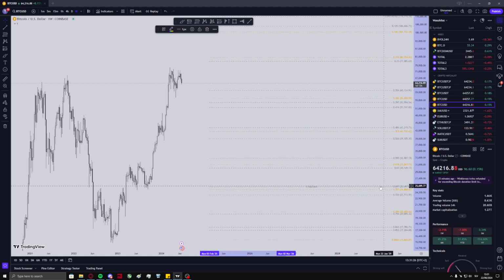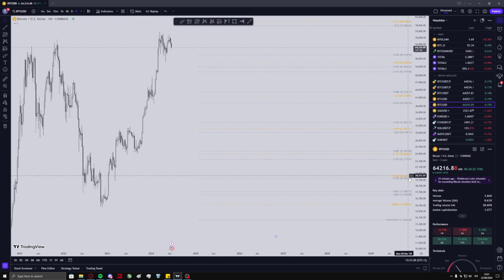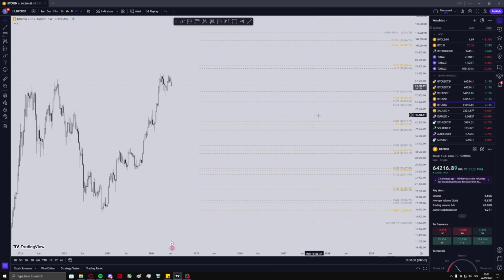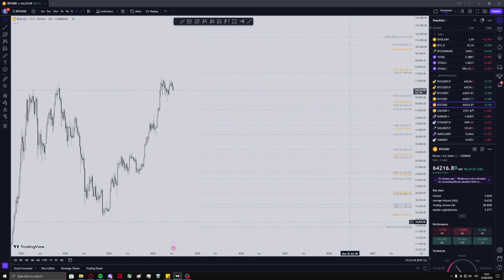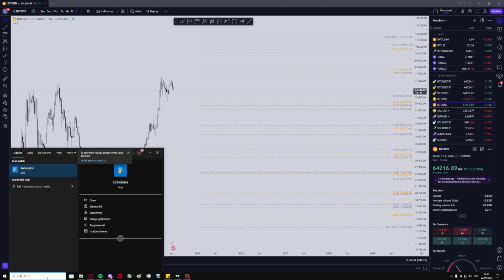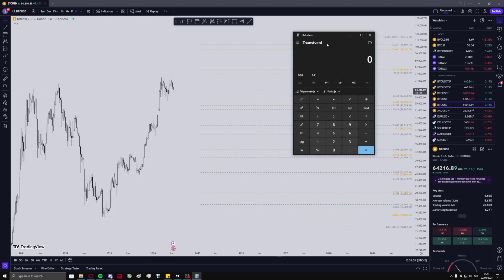Other than that, all of the orange numbers you see on my chart right now are numbers which come out of this 0.618, and the way they come out of it is if you root 0.618. Look, I'm going to use the calculator.